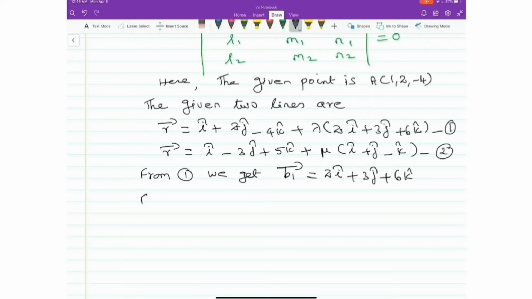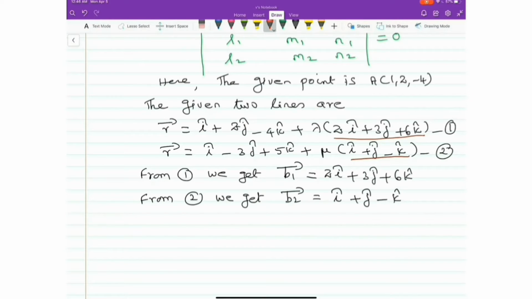And from 2, the equation of the second line, we get B2 vector as i cap plus j cap minus k cap.